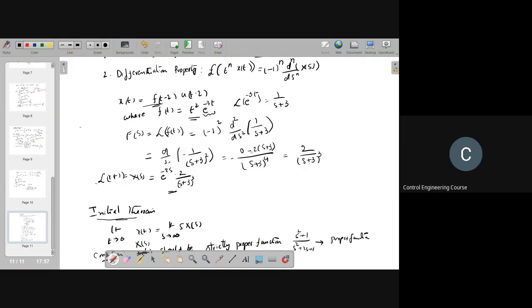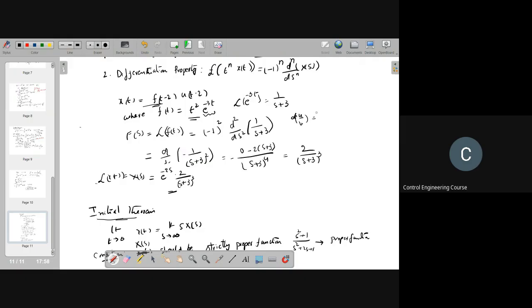Why one more minus? If I take 1 by (s plus 3) whole square as 1 by (s plus 3) to the power... let me see. If I take s plus 3 as t, this is 1, right?